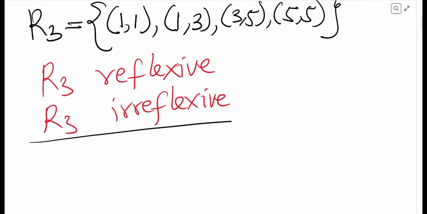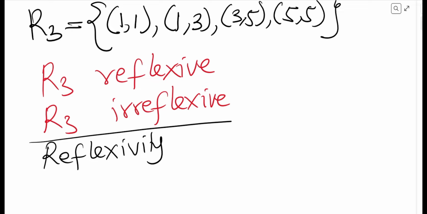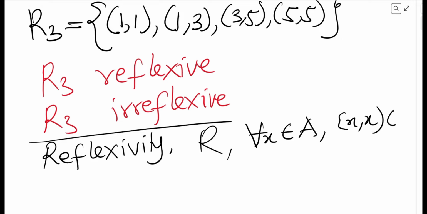We state the property for reflexivity. We say that a relation R is reflexive if for all elements X in the set A, we have (X, X) in the relation.